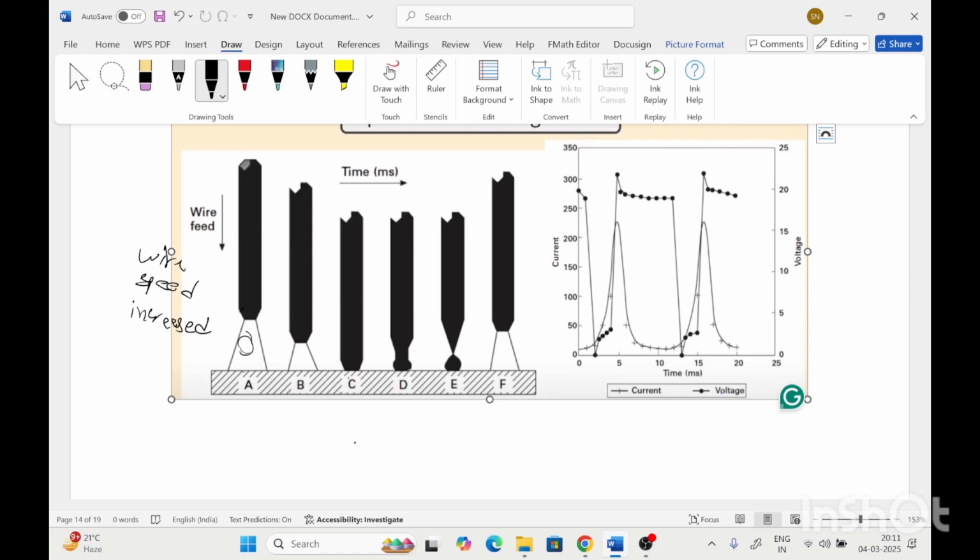As the wire moves up, that will lead to the generation of the metal droplet and a decrease in the tip area. So that will lead to the high surface tension. And here the force contributing in the detachment of the droplet is surface tension. And as the wire moves further up, that will lead to the detachment of the droplet.